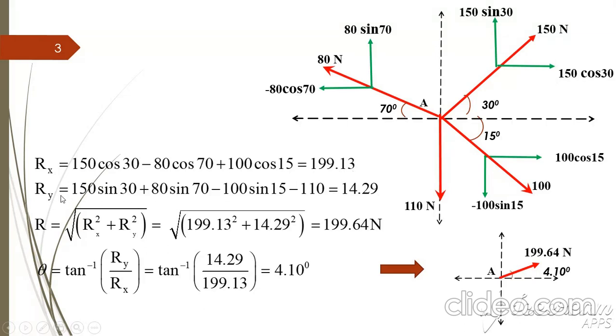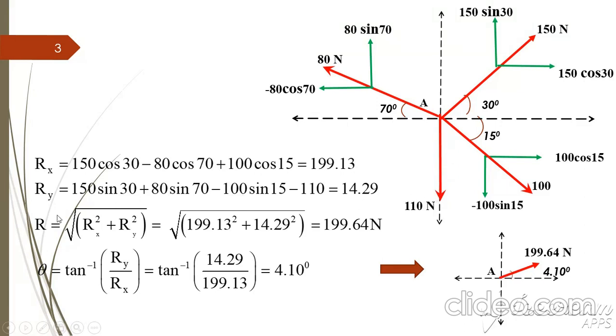Similarly Ry, the algebraic sum of all the vertical components, is 150 sin 30, then plus 80 sin 70, then minus 100 sin 15 and minus 110. Solving this we finally get 14.29.